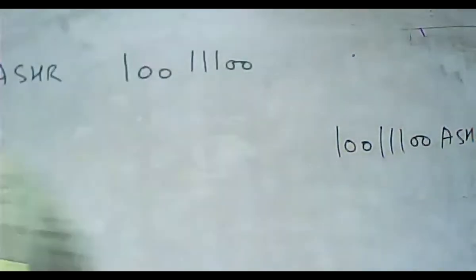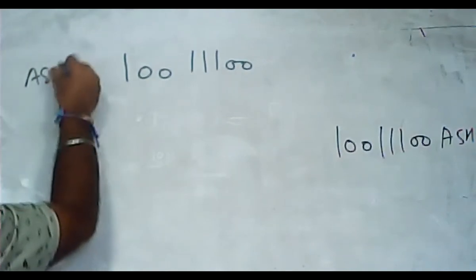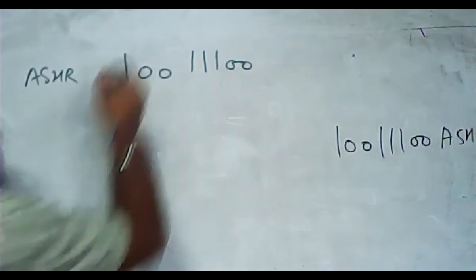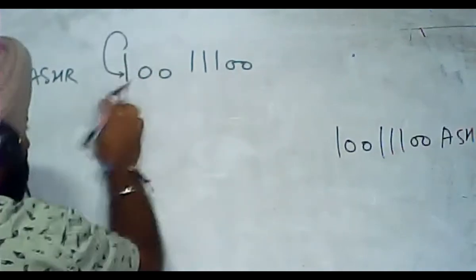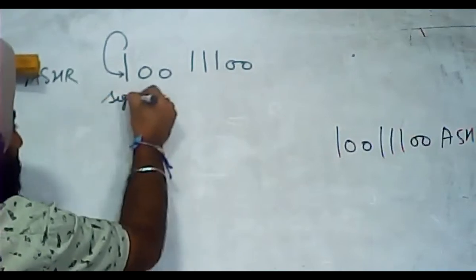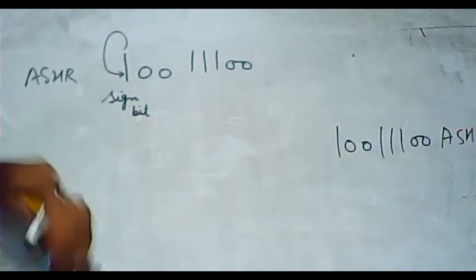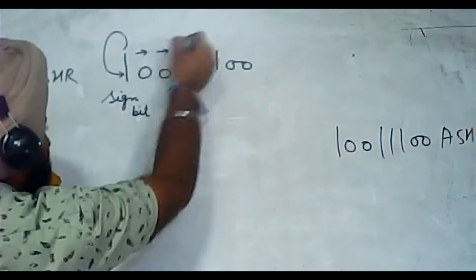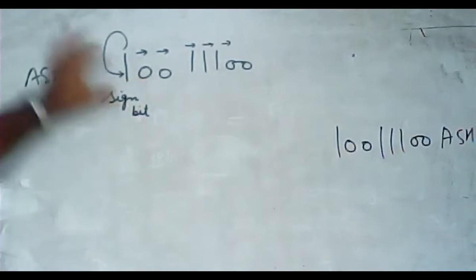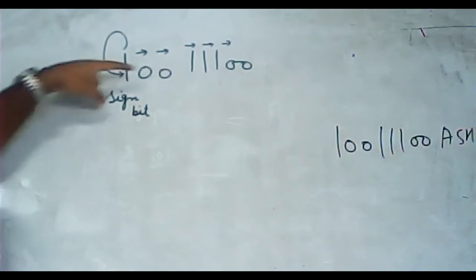So first of all, we need to perform the arithmetic shift right operation on the value. ASHR, as you know, arithmetic shift right, what will it do? The first bit is your sign bit. It will keep that bit in the first position and also move it to the next position, and the other bits shift one position to the right.